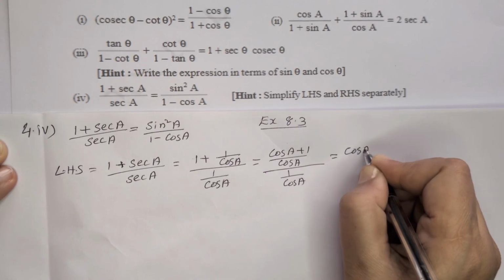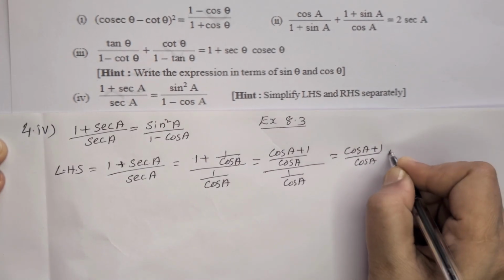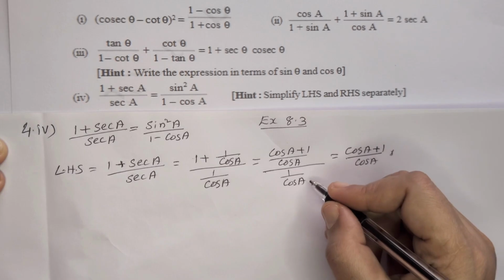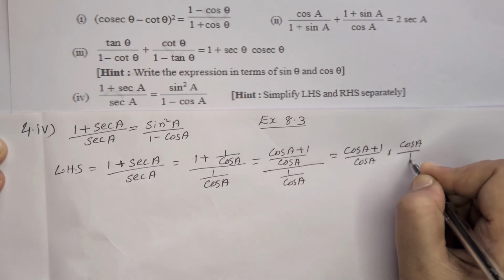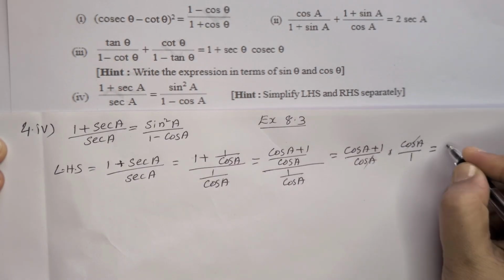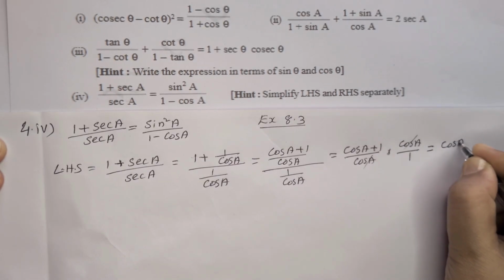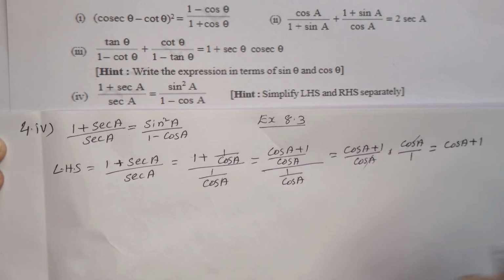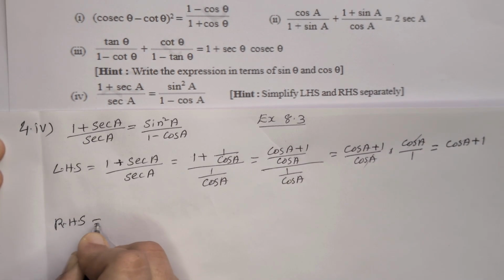Numerator is cos A plus 1 divided by cos A, and the reciprocal of the denominator fraction, that means cos A by 1. So this cos A and cos A will cancel. Here what we are getting is cos A plus 1, or 1 plus cos A. Now in the same way, RHS also we can check.